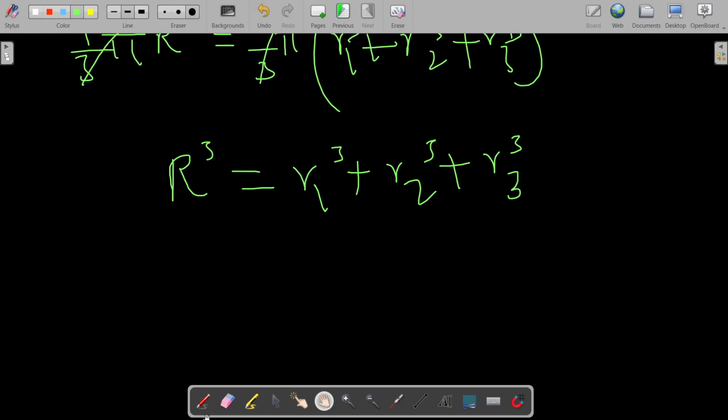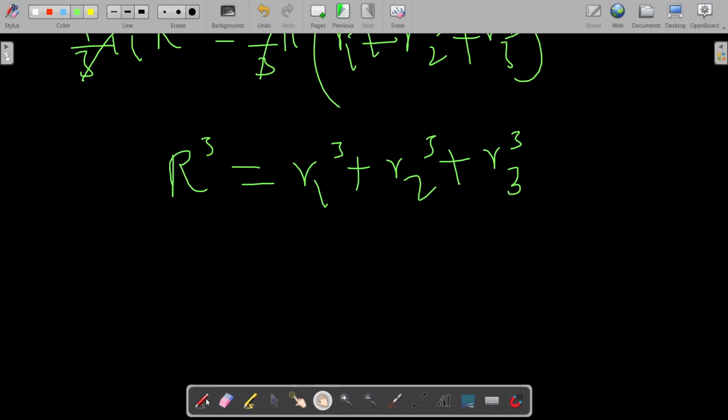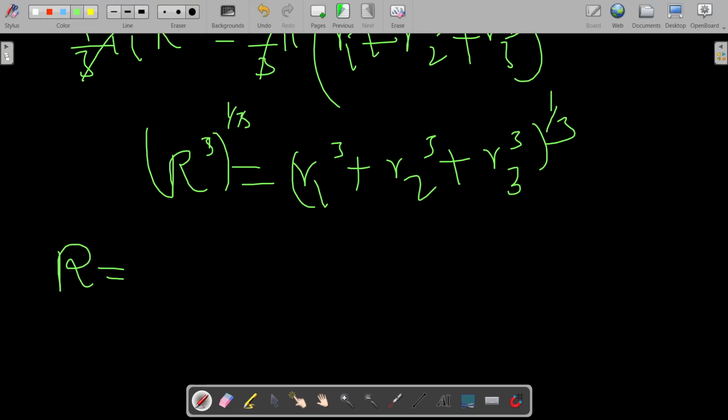To isolate capital R, I'm going to take power 1 by 3 on both sides. The cube gets cancelled and I'm left with R as r1 cube plus r2 cube plus r3 cube, whole power 1 by 3.